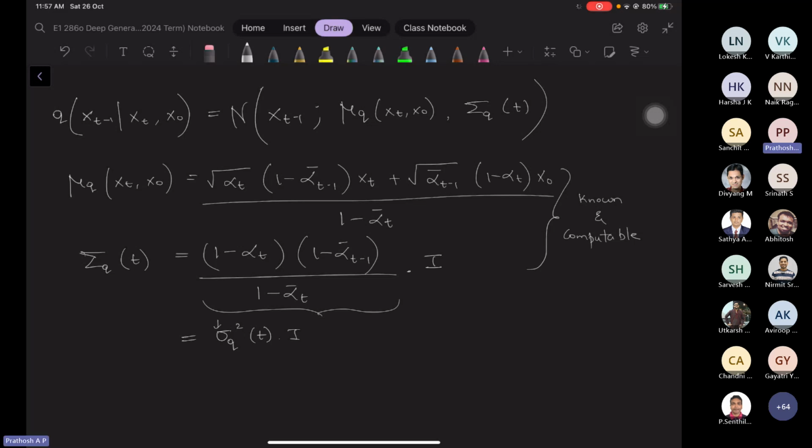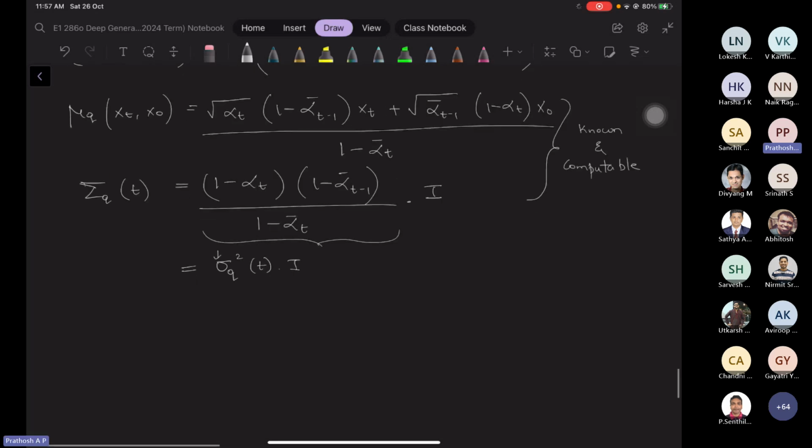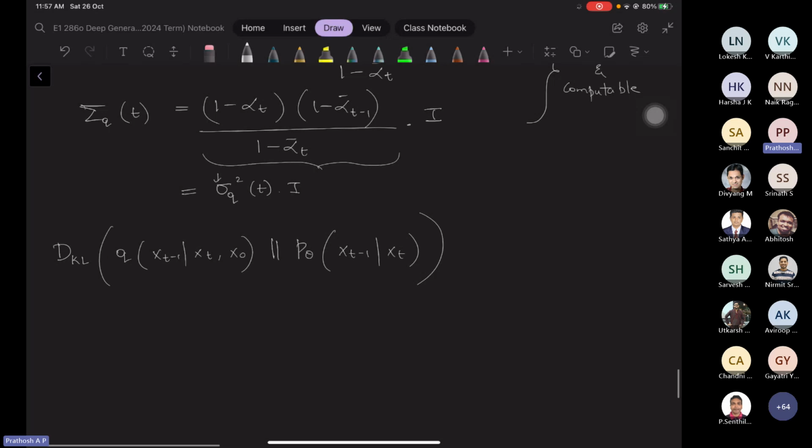Any questions so far? I think this is fine, no? Now what did we do? We wanted the third term in the ELBO, which was the KL divergence between q of xt minus 1 given xt and x naught, and p theta of xt minus 1 given xt. This is what we had.